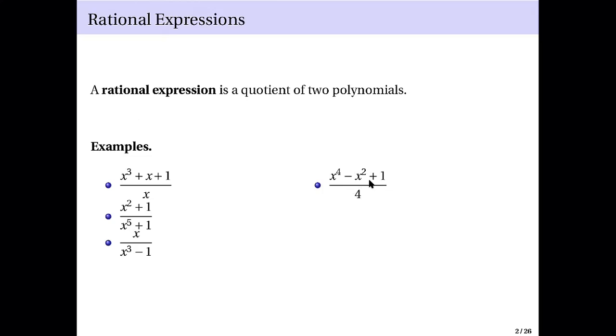But what's so special in this kind of example? This tells us that any polynomial is actually a rational expression, because if you have a polynomial, everything is divided by 1. So you have a quotient of two polynomials, and therefore you have a rational expression. So every polynomial is a rational expression.